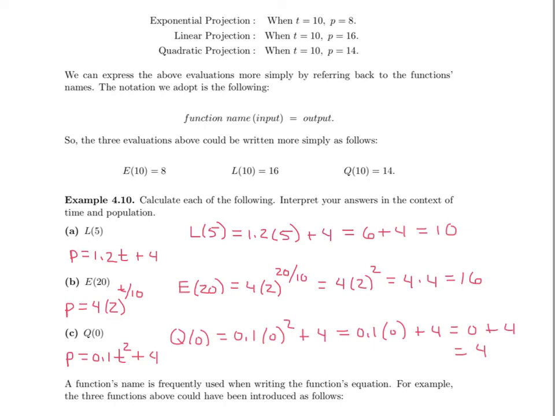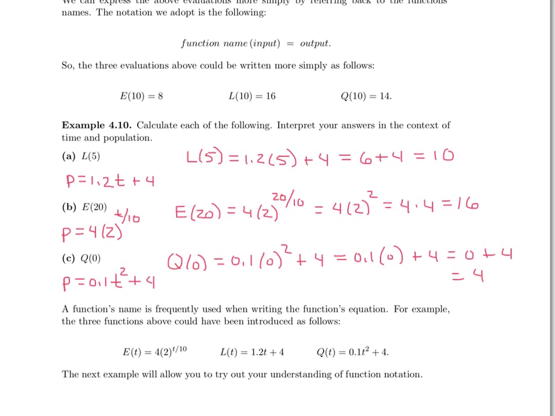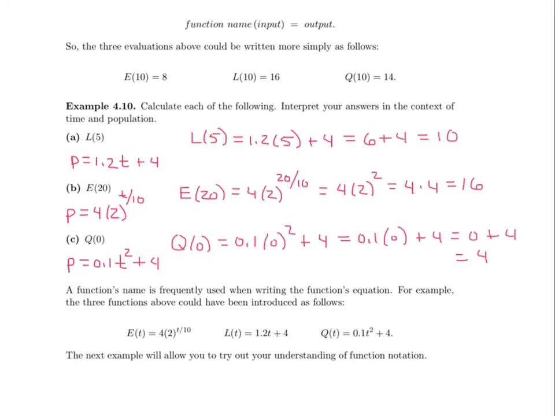So in this example, you saw how function names are used in the course of evaluating functions. However, a function's name can also be used when we're writing the equation of the function down as well.